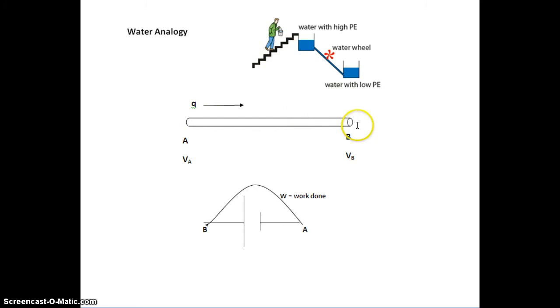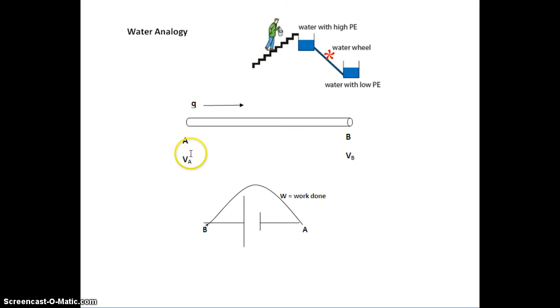This is a conducting wire where you have two ends, end A and end B, and Q is the charge. End A you call VA. VA is the region having a huge amount of charge, and this is called the high potential region.